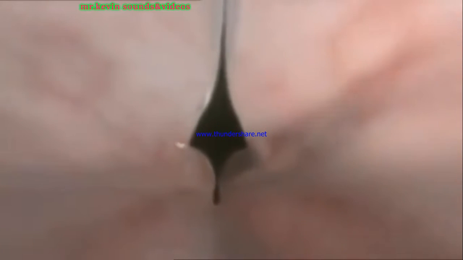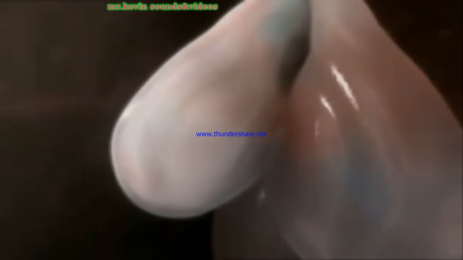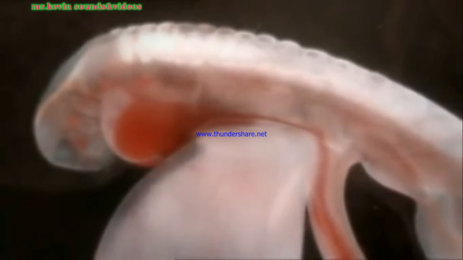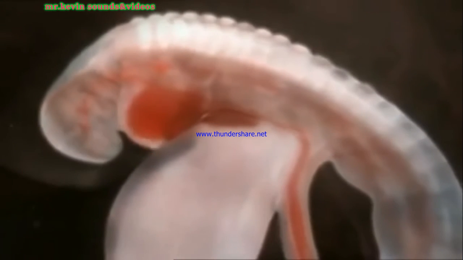At this stage, it's very difficult to notice physically whether a woman is pregnant. Several organs begin to develop in the first month. That includes the head, the chest, the abdomen, and the organs involved in them.